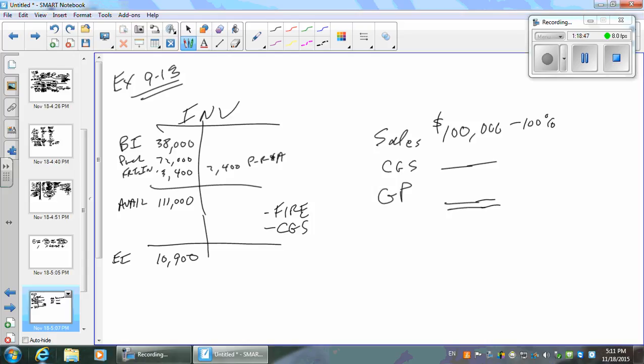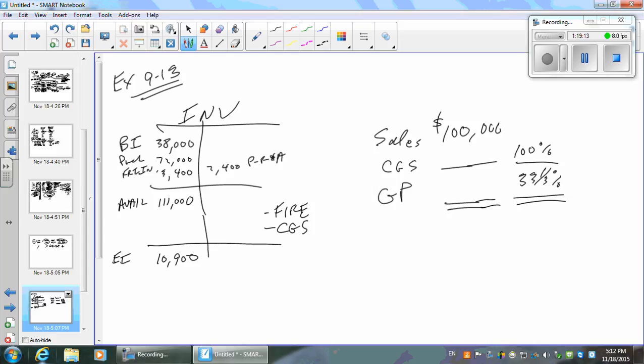Or the markup? 33.3 above cost. That's where the markup is. Oh, I better be careful here, huh? That's a markup, isn't it? So which one of these is the 100%? Cost of goods sold is 100. What's the gross profit? 33.33%. True, guys?